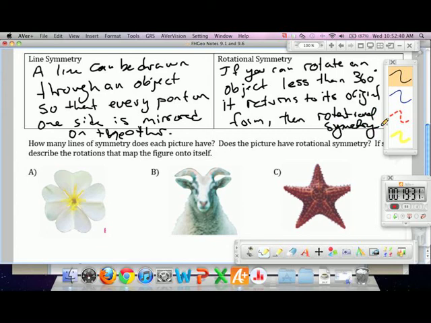If it's possible to rotate it less than a full circle, and it returns to its original form, then you have what's called rotational symmetry. From there you should be able to describe the angle that you turned it through. Like how many degrees did you have to turn this object for it to get back to its original basic form?